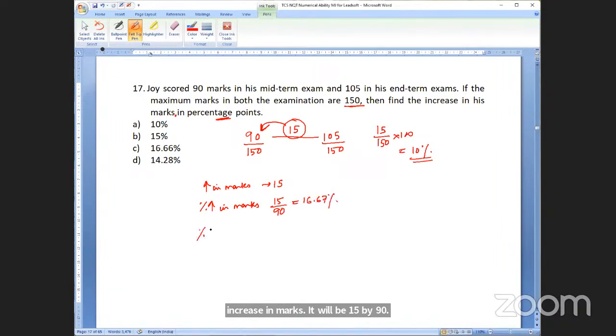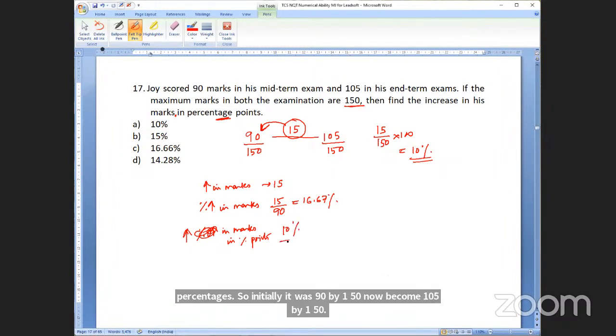But it is increase in marks in percentage points. That means what was his percentage before and now what is his percentage? We need to find the absolute difference in the percentages. So initially it was 90 by 150, now it becomes 105 by 150. So here it would be 10%.